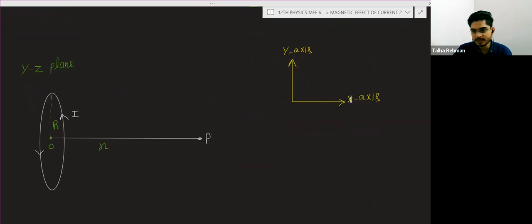I am taking this direction as x-axis and this direction as y-axis. And this is your current carrying coil of radius r. This is the center of the coil, and at a distance x, along the axis of the coil.